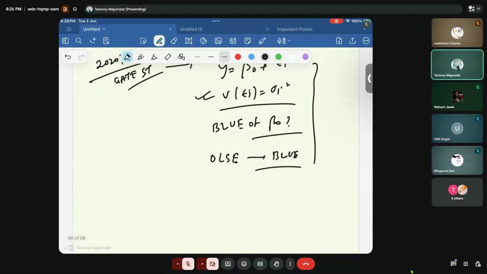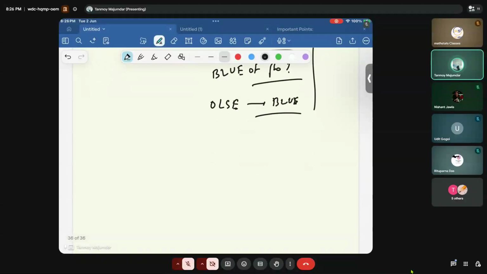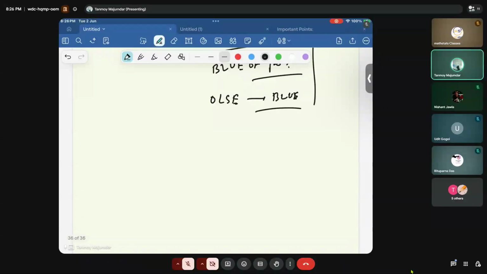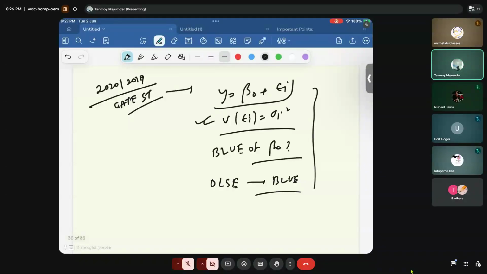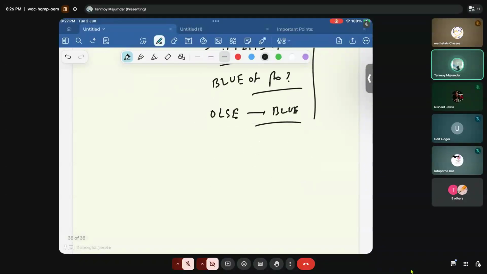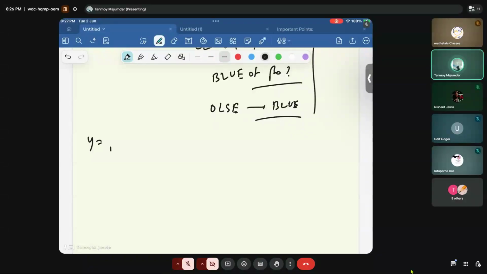Okay, so basically you should practice 2-3 models; this one is one model done. Okay, practice one more model: y equals beta 1 x plus epsilon i, that is, y equals beta 1 xi plus epsilon i. So this is the no intercept model.